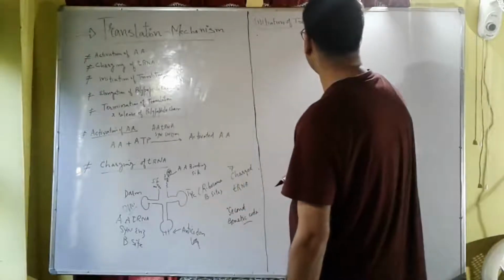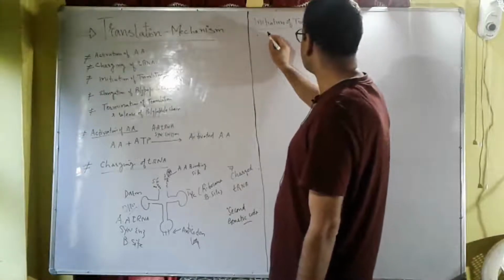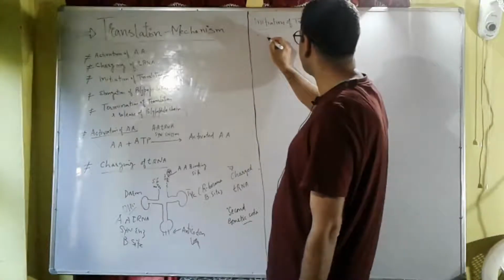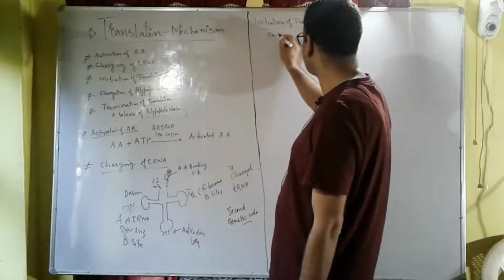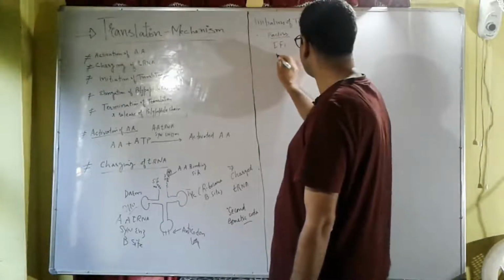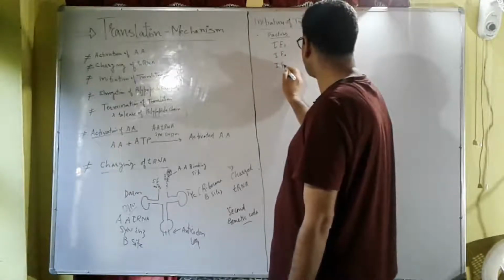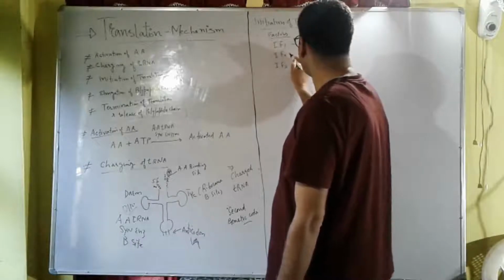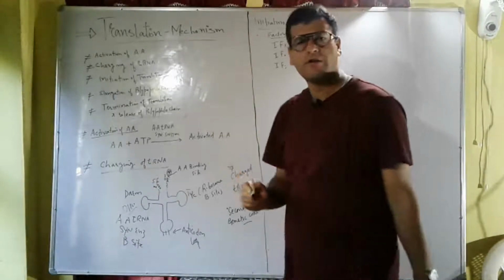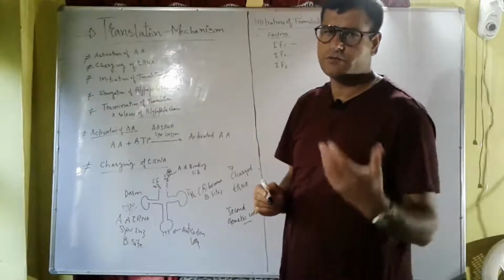In initiation of translation, we have three initiation factors: initiation factor first, initiation factor second, and initiation factor third. These initiation factors play an important role during the initiation of translation.